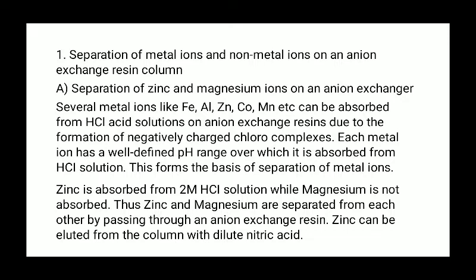Several metal ions like iron, aluminium, zinc, cobalt, manganese, etc. can be absorbed from HCl solution on anion exchange resin due to formation of negatively charged chlorocomplexes. Each metal ion has a well-defined concentration range over which it is absorbed from HCl solution. This forms the basis of separation of metal ions.